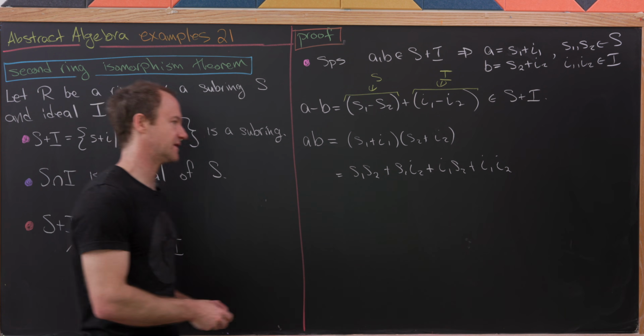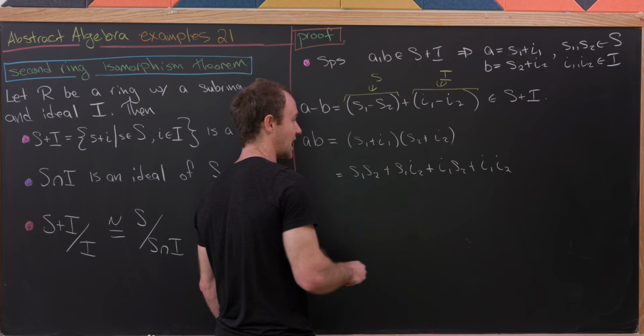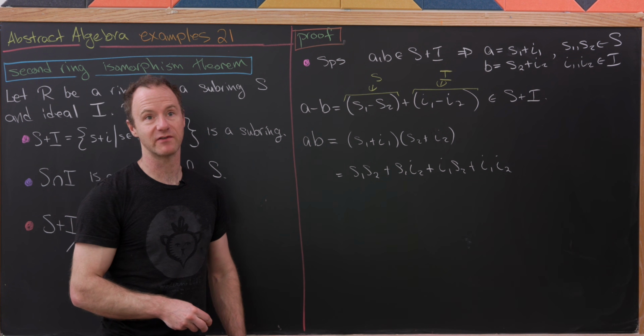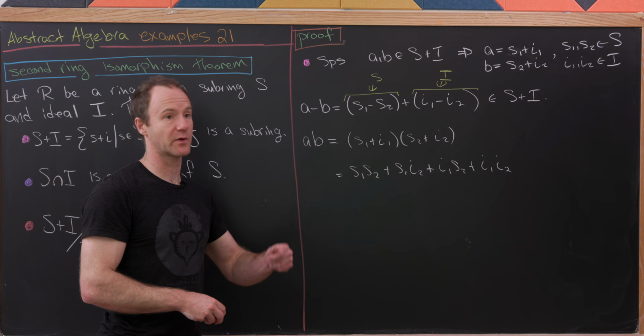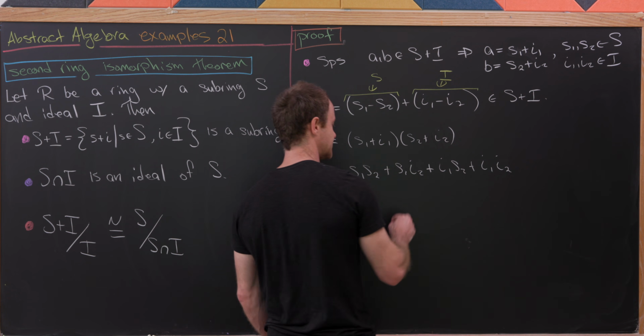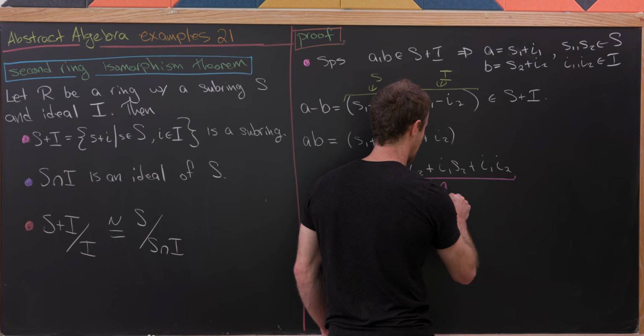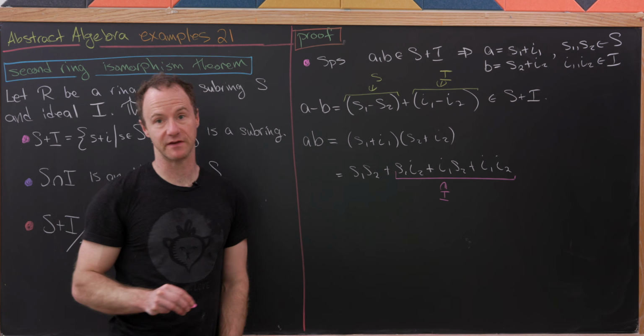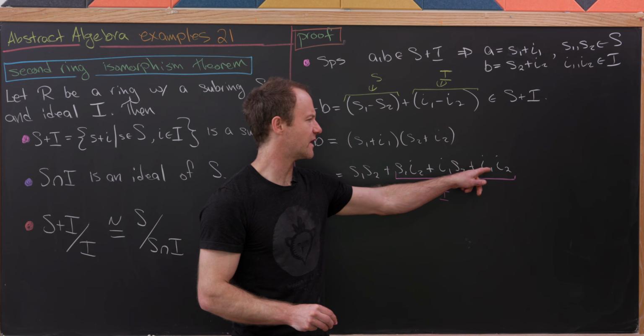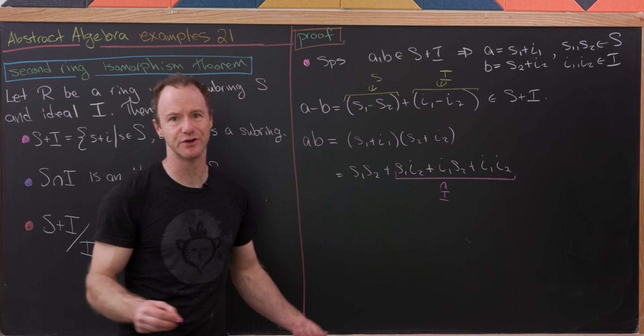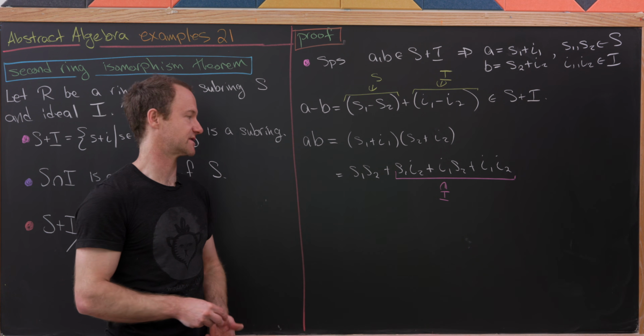But now let's look at this. Because I is an ideal, we have an absorption property, both from the right and from the left. So that means all of these things are elements of I using the absorption property of the ideal. Along with this over here, which is two elements from the ideal, and the ideal is a subring.